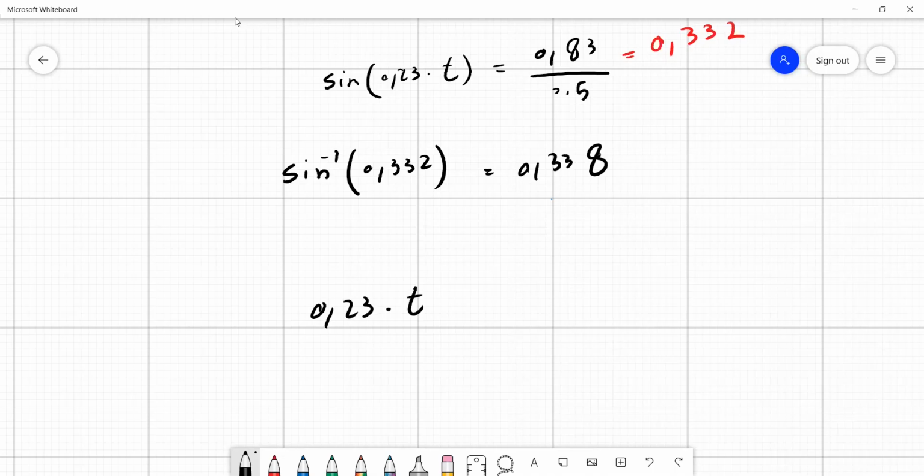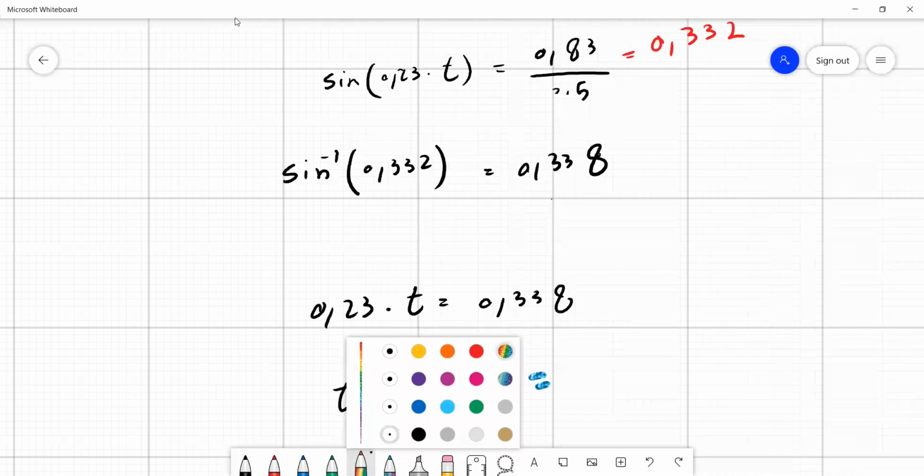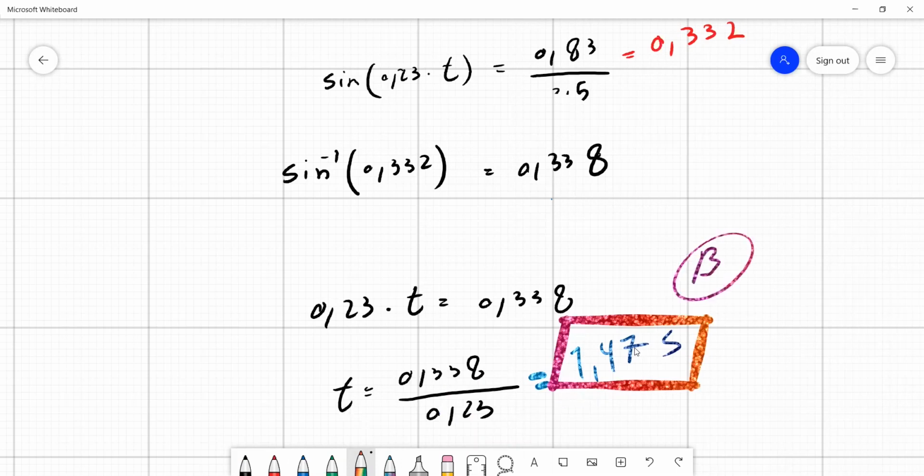So 0.23 times t equals 0.338, and t equals 0.338 divided by 0.23, which gives us an answer of about 1.47 seconds. And that is our B.